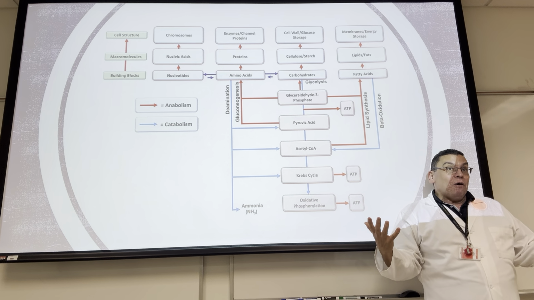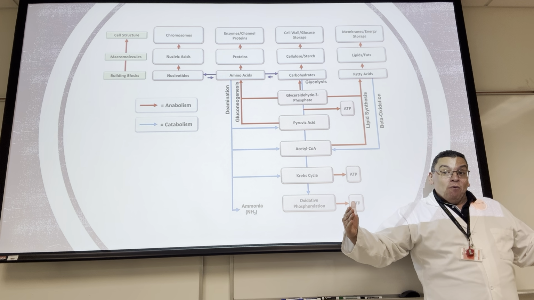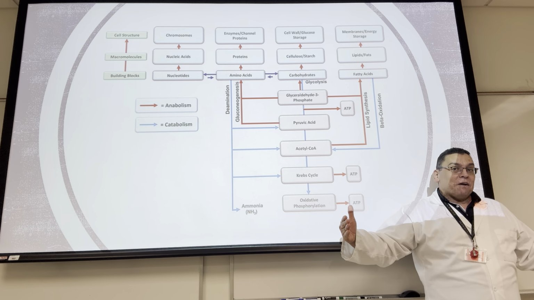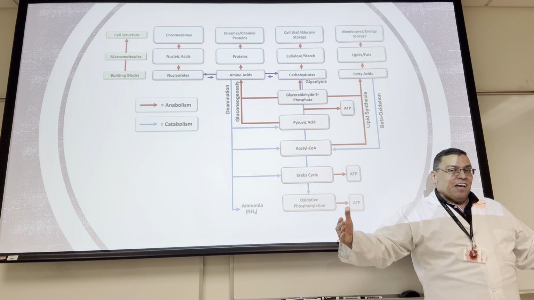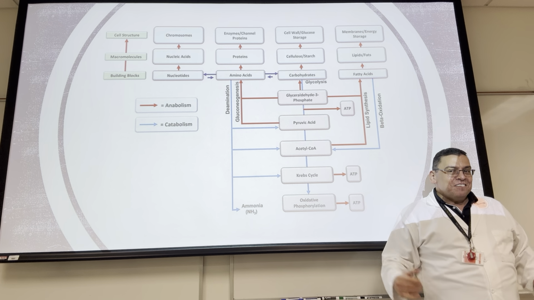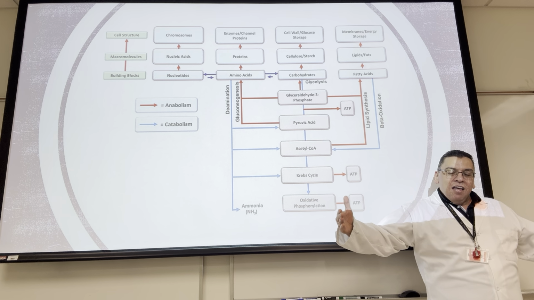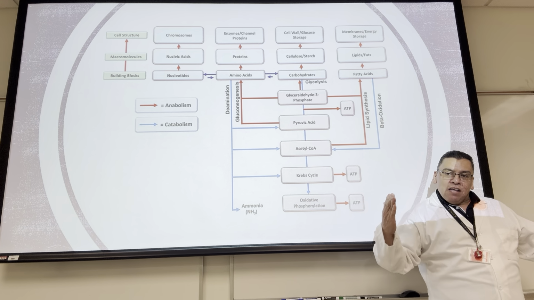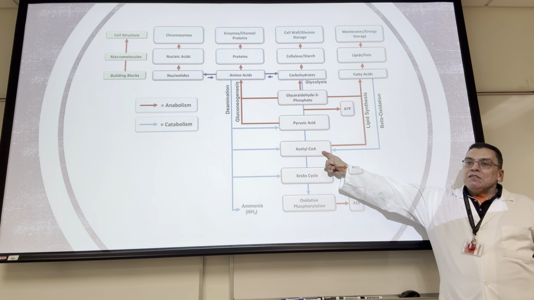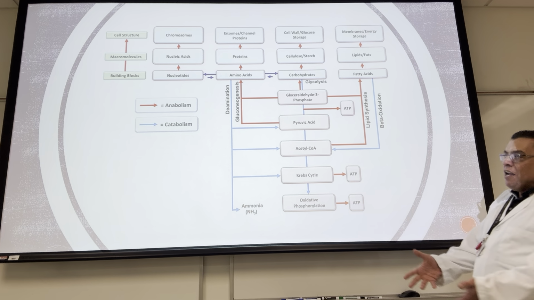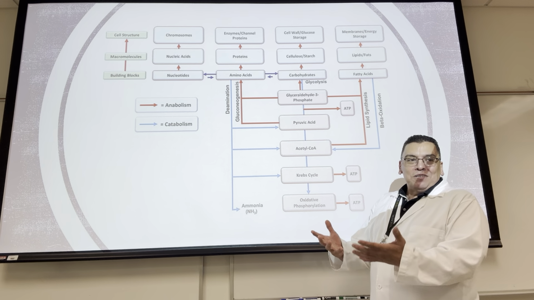So now you can think, from one fatty acid, I can really run the Krebs cycle. Do you agree? 8 times. You catching that? From a 16 carbon fatty acid, if I chop it 2 carbons at a time, I make 8 of these. Am I right or not? That means I can run the Krebs cycle 8 times.